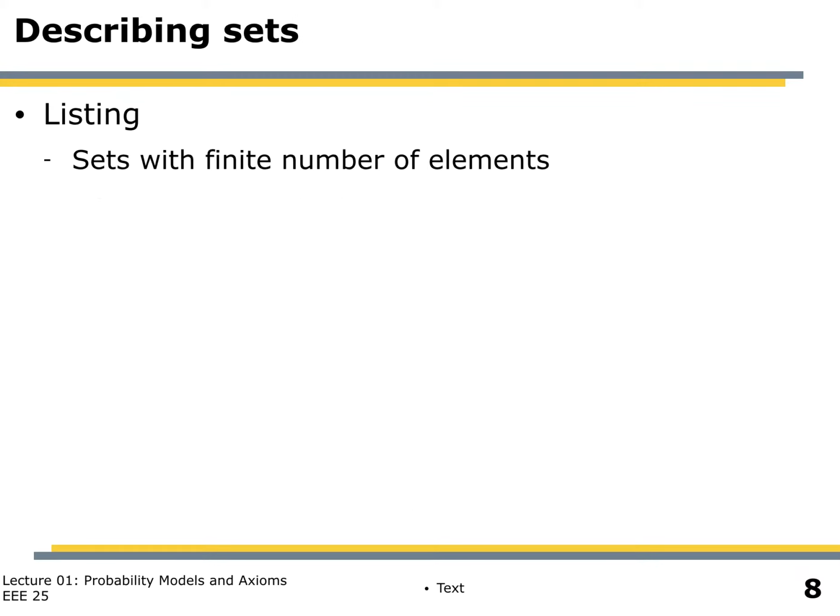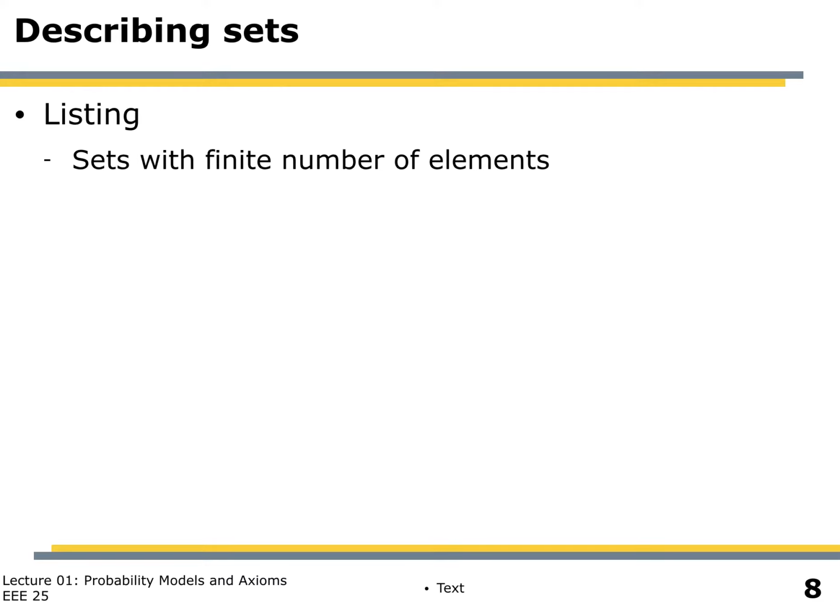Now, to specify a set usually involves describing the elements that are inside that set. There are a couple of ways of doing that, and that depends on the kind of set that we are dealing with, specifically on the kind of elements that belong to that set. One way of describing sets is by listing.